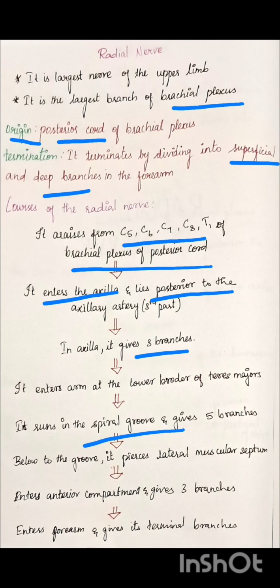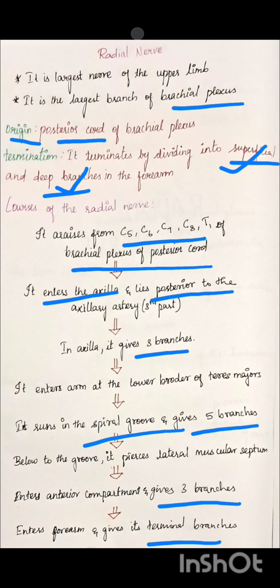The radial nerve passes in the spiral groove and gives five branches. Then below the groove, it appears through the lateral intermuscular septum and reaches the anterior compartment of the arm, and there it gives three branches. Later it enters the forearm and gives the terminal branches, superficial and deep branches. These are the course of the radial nerve.